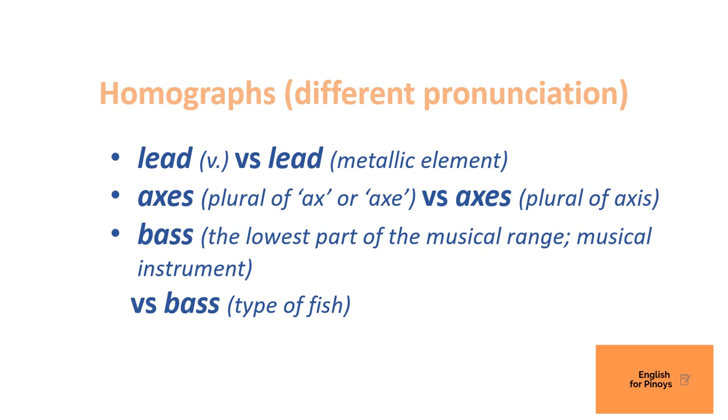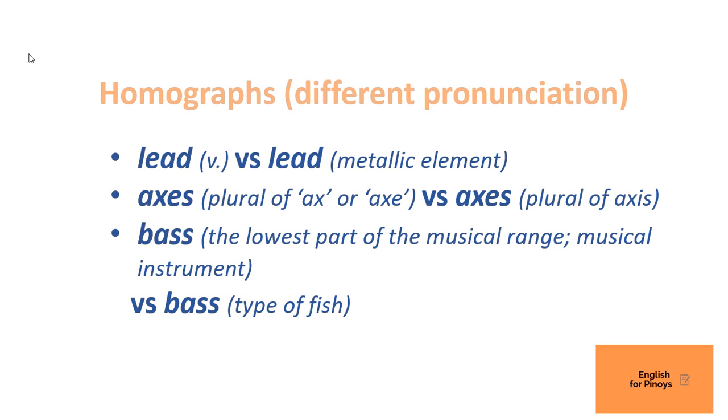Next pair, you have bass, meaning the lowest part of the musical range, or it's a musical instrument also. So that's a long A, bass, versus bass. Okay, bass, a type of fish, specifically a North American freshwater fish.